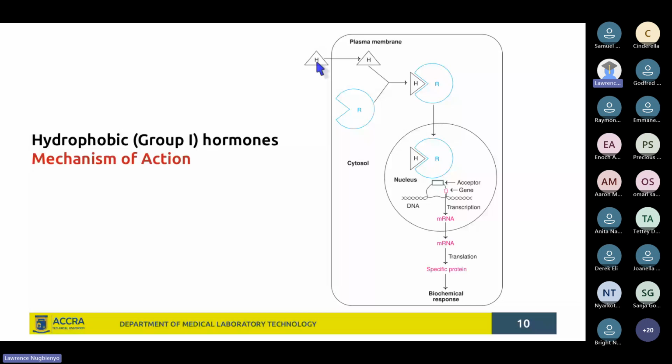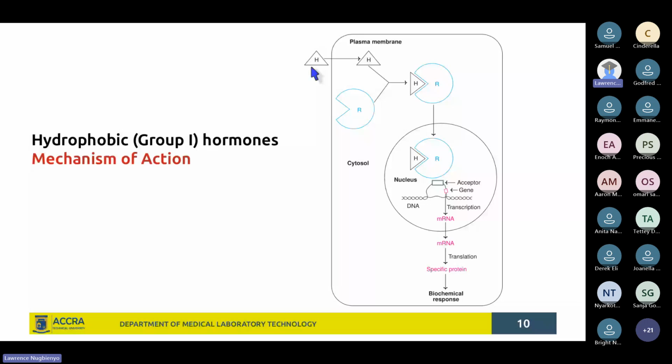Perhaps we've seen this mechanism when we were studying, I think, the activity of maybe transcription, translation, maybe regulation of gene expression. So you see, we are looking at it again so that you can quickly relate it to that.